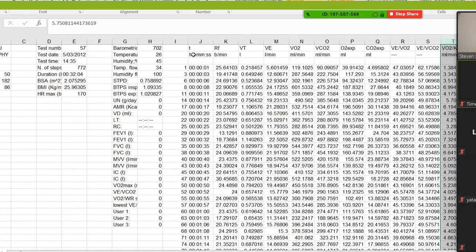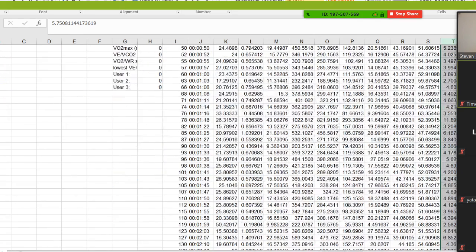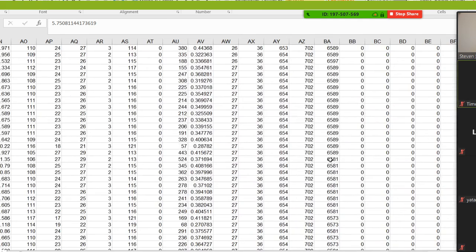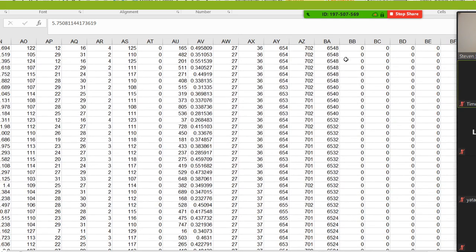You can see you have a time; this is a timeline. This is RF, VT, VE, ventilation, VO2, VCO2. This is all the important data we recorded using K4B2. So we get all the data, and then you do analysis.